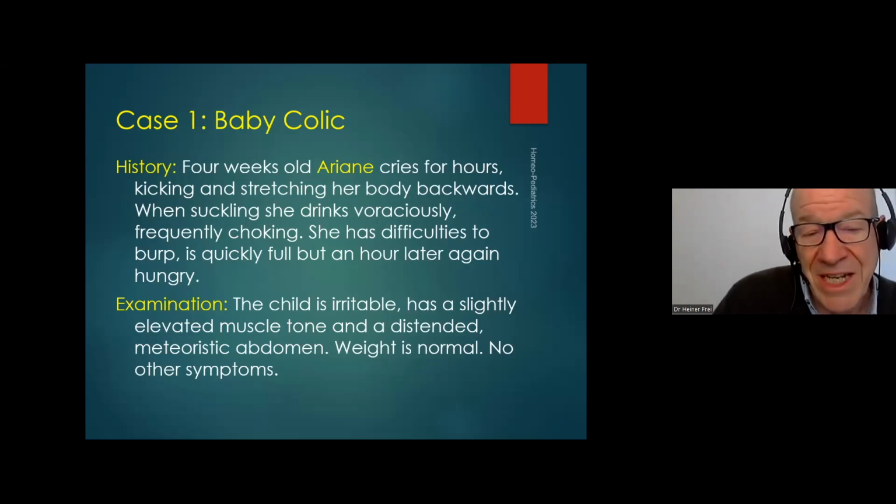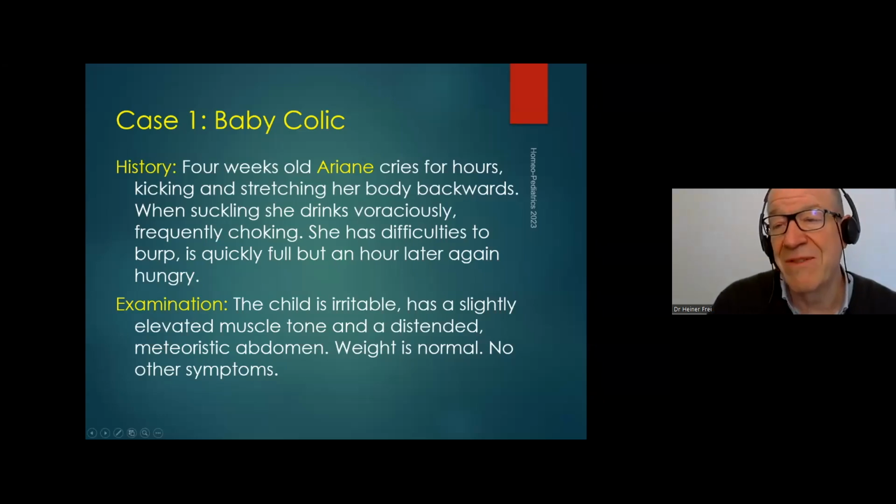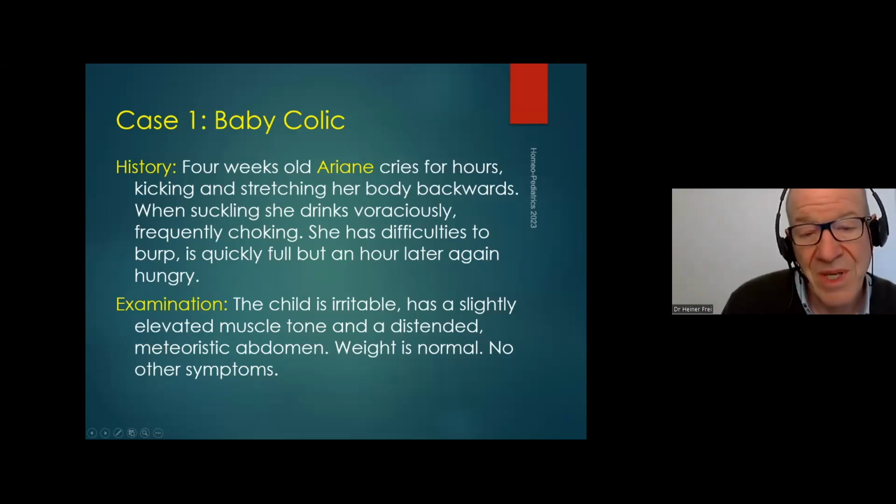On examination, the child is irritable, has a slightly elevated muscle tone, and a distended meteoristic abdomen, a lot of air in the abdomen. The weight is normal, the child has no other symptoms. So it is not seriously ill, but it is really handicapped by these flatulent colics.